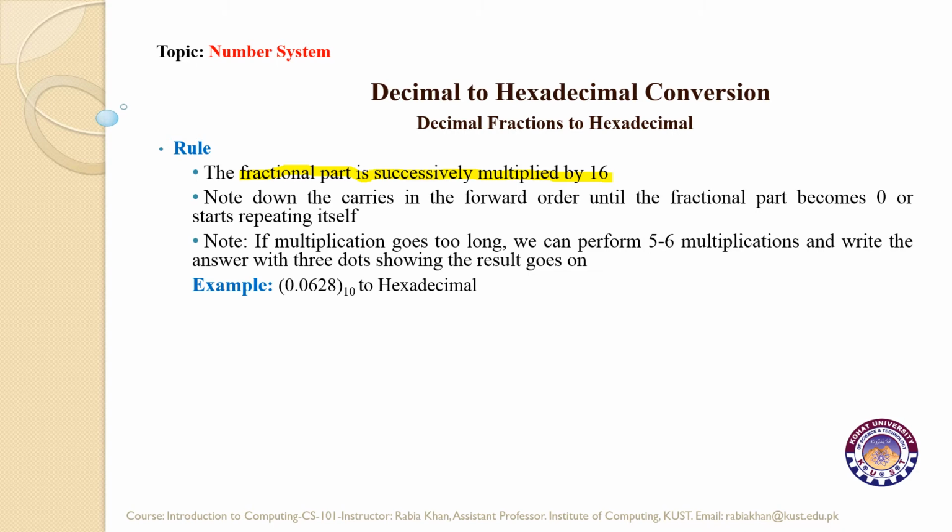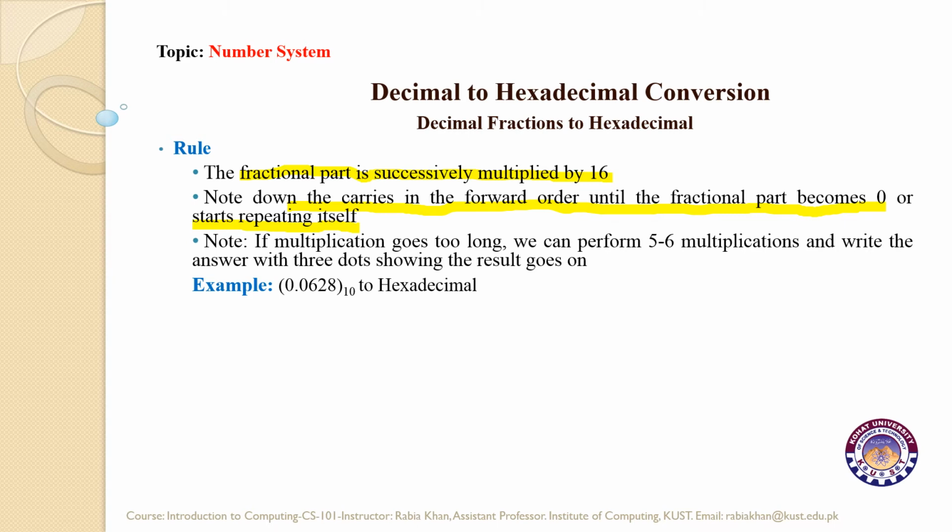We would note down all the carries until the fractional part either becomes 0 or it starts repeating itself. So we are going to stop the multiplication process if the fractional part becomes either 0 or a recurring product. A recurring product would keep on generating the same results again and again the more you multiply.